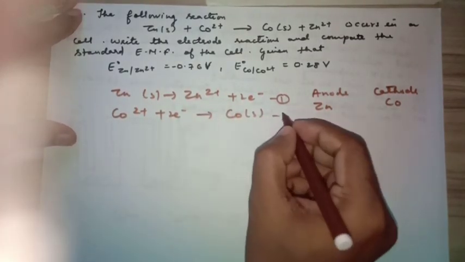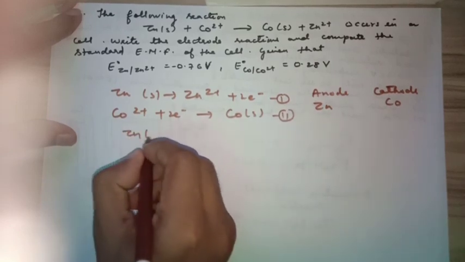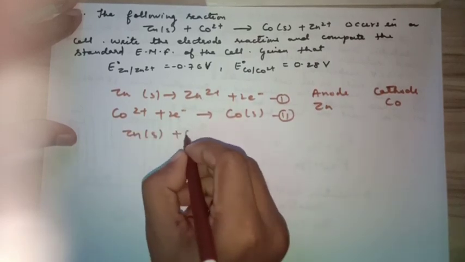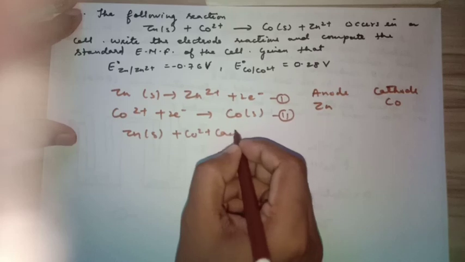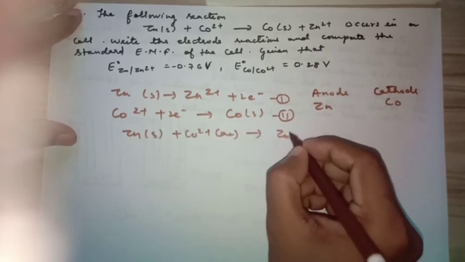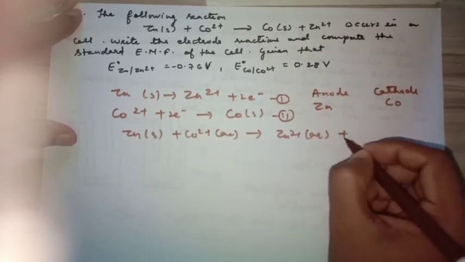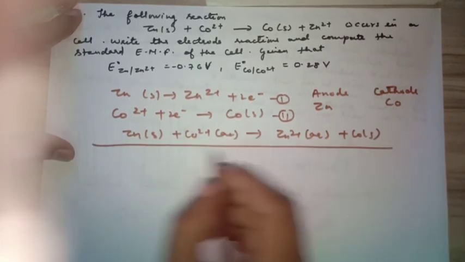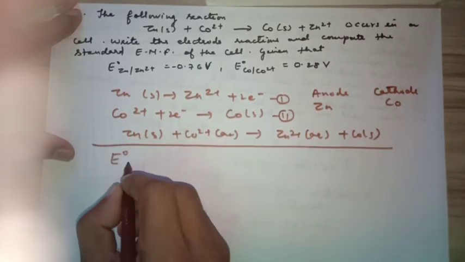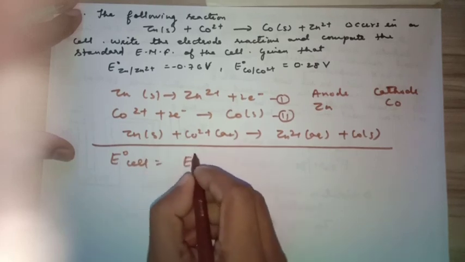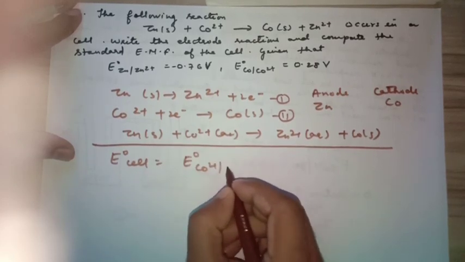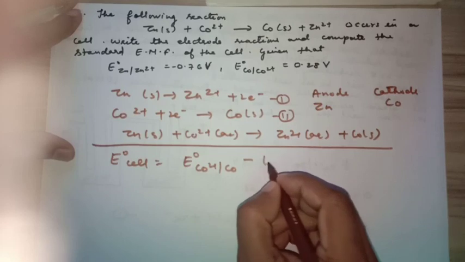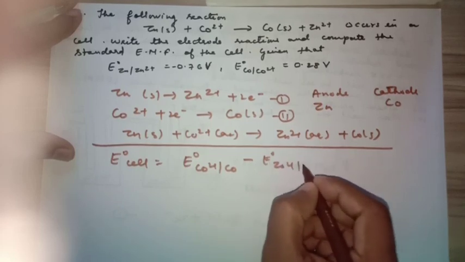Now adding both, we'll get Zn solid plus Co2 plus aqueous gives us Zn2 plus aqueous and Co solid. This is our reaction. For calculating EMF, E naught cell is equal to E naught Co2 plus/Co minus E naught Zn2 plus/Zn.